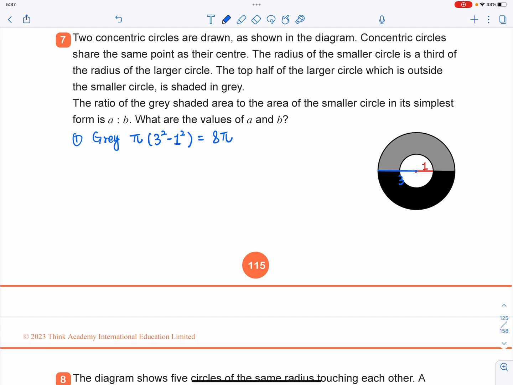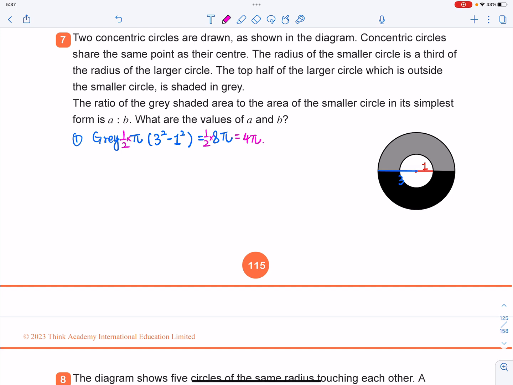Okay. And actually, that's the area of this full ring, and the gray part is just half of that. So don't forget, you have to times it by a half. Okay, so a half times that. That means the gray region equals 4 pi.